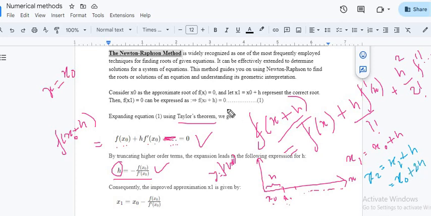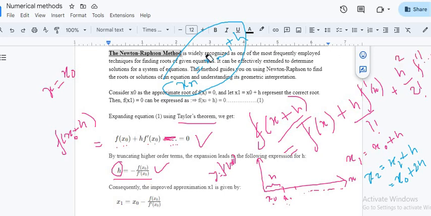So one can go for a generalized expression: xn is equal to xn minus 1 plus h. Now you know what h is: h is equal to minus f divided by the first order derivative.